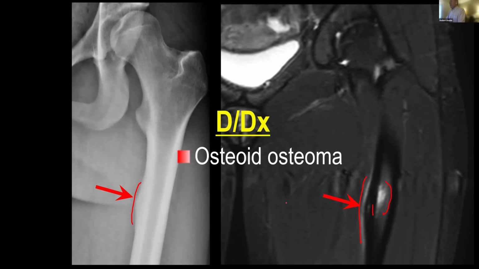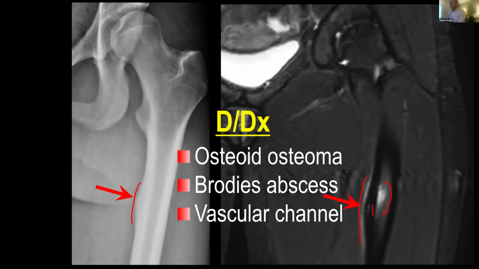So what could be doing that? In a young person, when we see what looks like periosteal reaction, a bunch of adjacent edema and something in the cortex, like what might be a nidus, the broad differential diagnosis from an imaging standpoint includes osteoid osteoma, some sort of subacute infection like a Brodie's abscess.